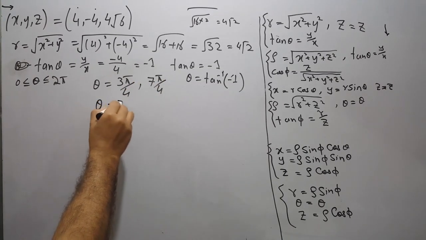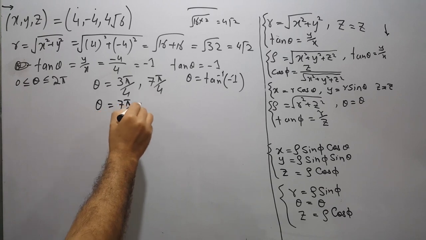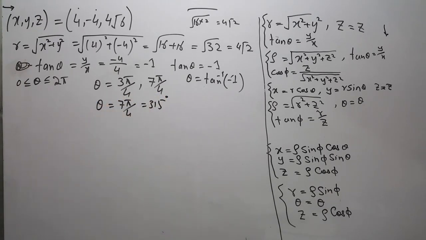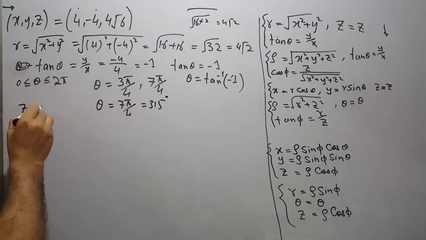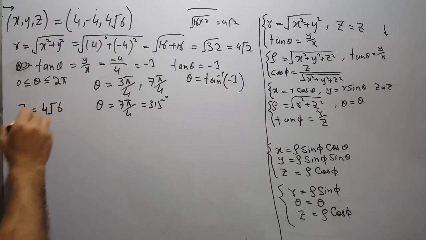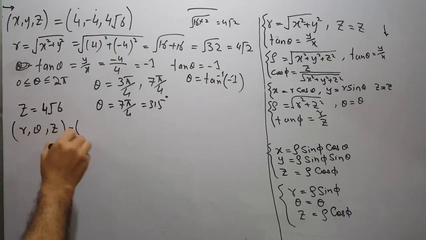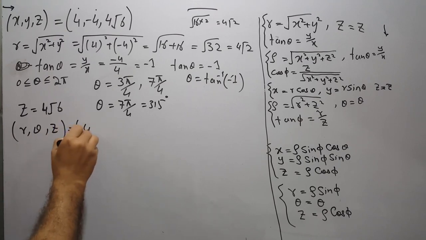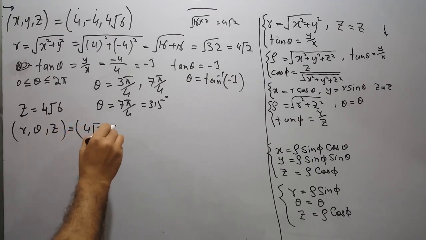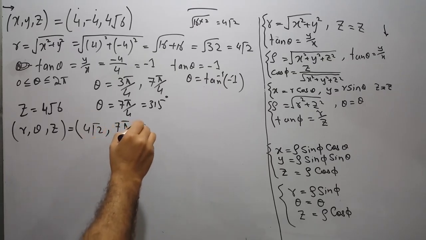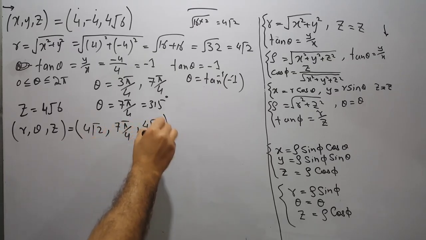So your theta value is 7 pi by 4, which is 315 degrees. And z is not changing, so z stays the same. So your r, theta, and z have been found: 4 square root 2, 7 pi by 4, and z unchanged.